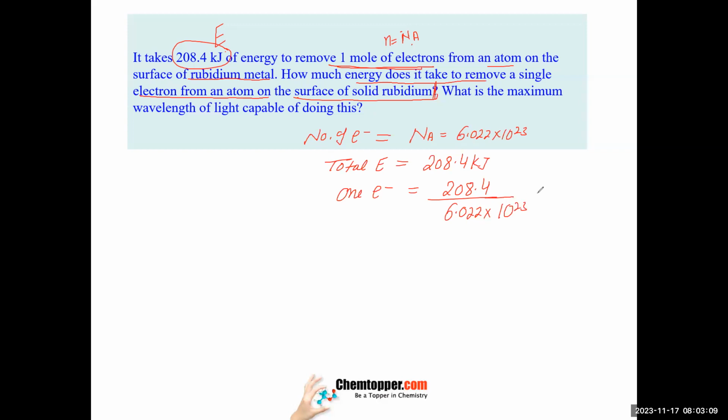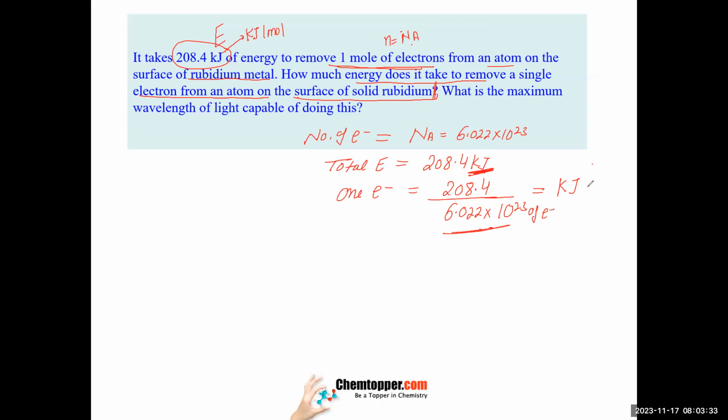And what will be the units now? This has a unit of kilojoules per mole. But now the unit will be kilojoules. No, no, no. I didn't convert kilojoules to joules. I'm still working with kilojoules, Anil. It's still kilojoules. And this is a number, has no units. These are the number of electrons, right?